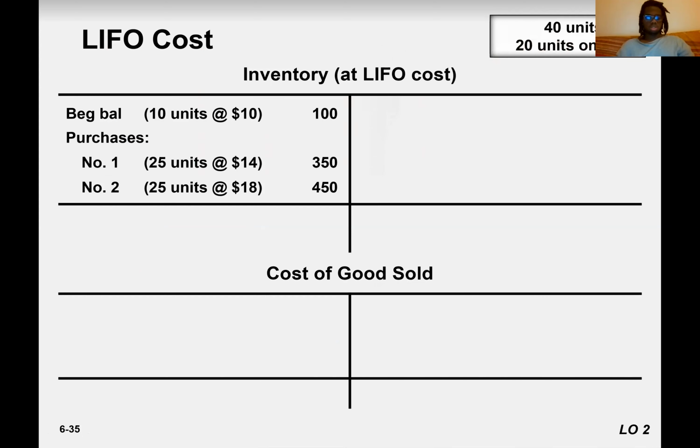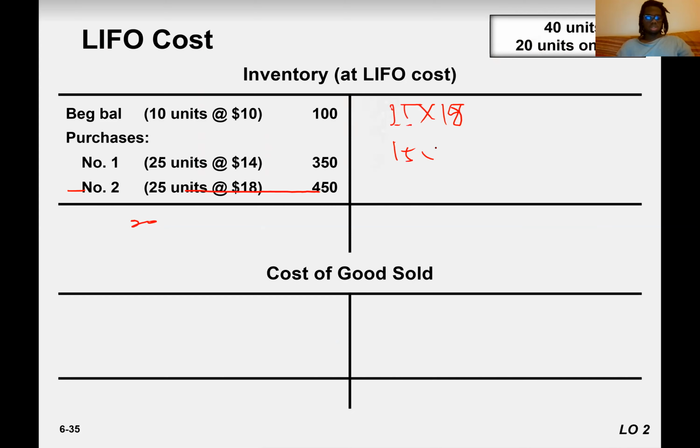What does this mean? The same question: we sold 40 units, 20 left here. Now, last in, first out. We sold 40. The last order was 25, so 25 multiplied by 18. How many left? 15.